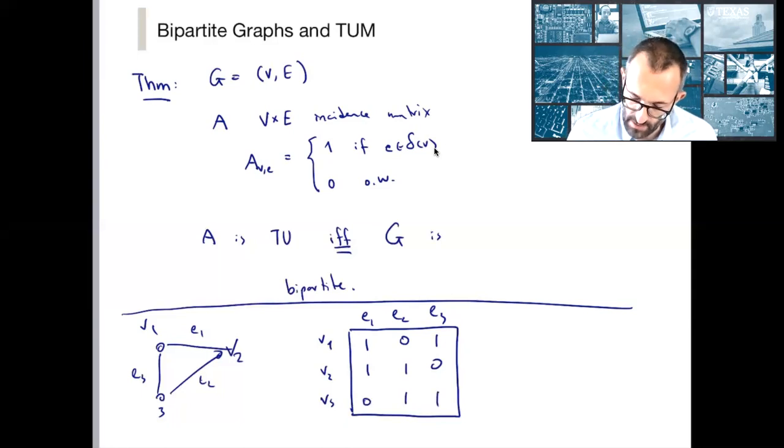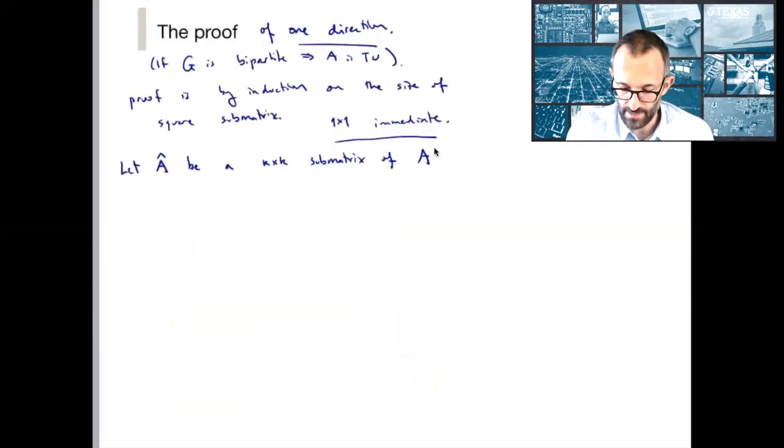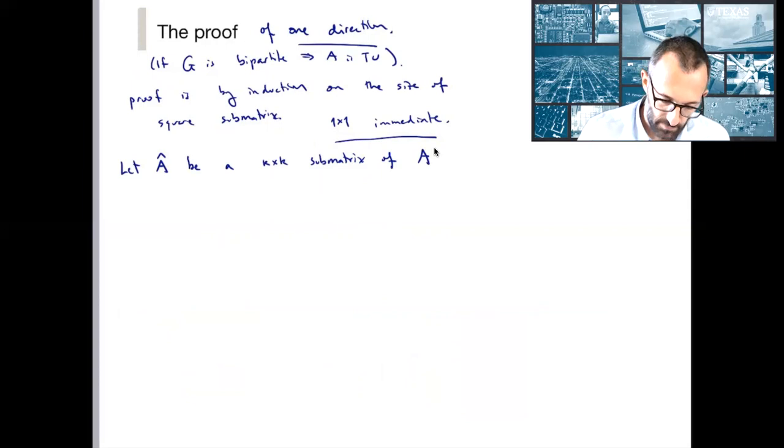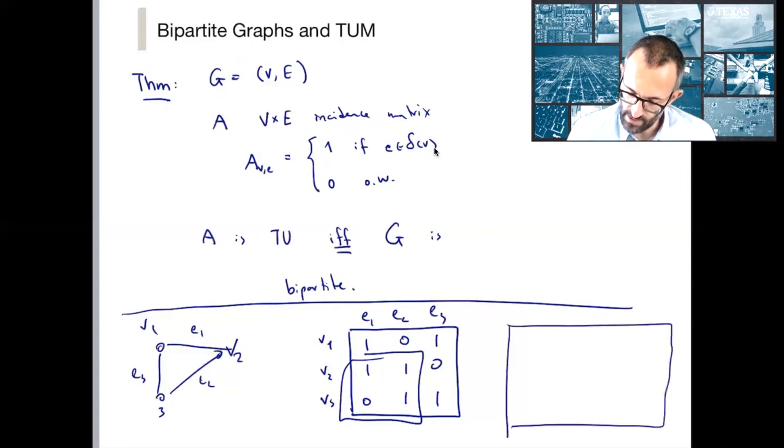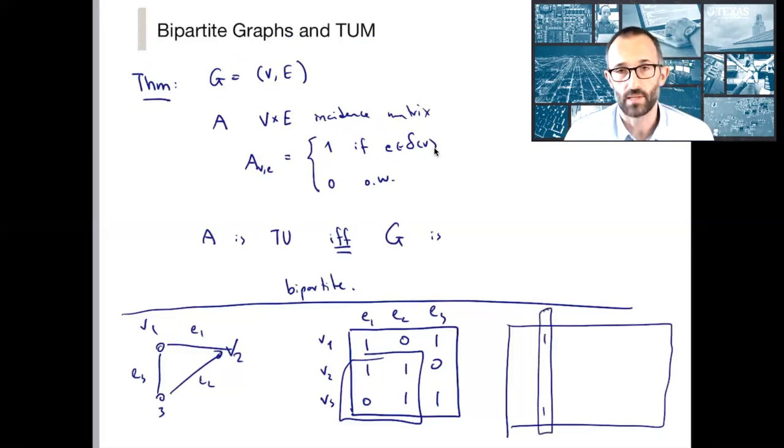Now let's take any square submatrix, that's A hat here. What could happen? This is too small an example to see it, but in general, any particular column just has two 1s and a bunch of zeros.